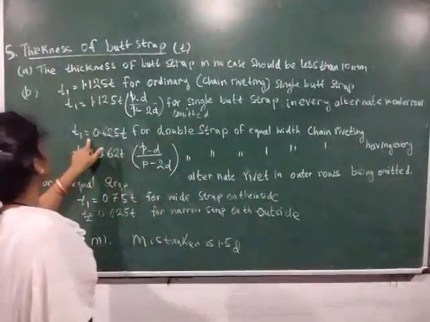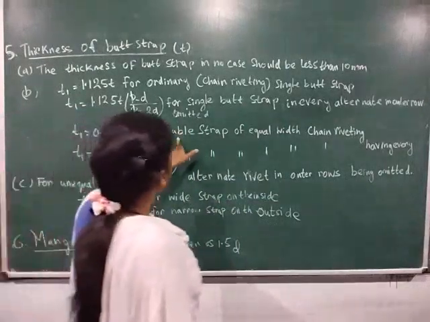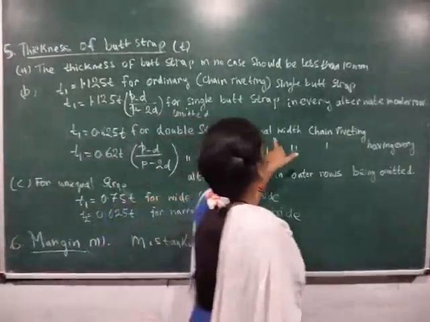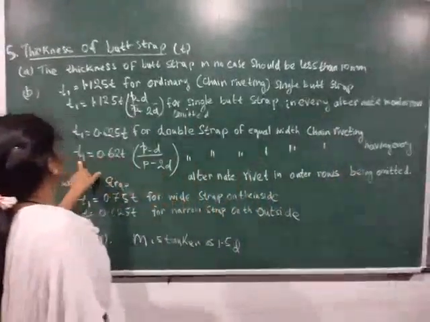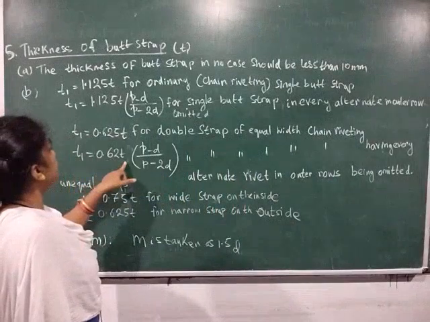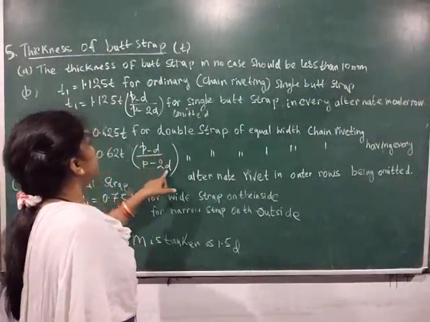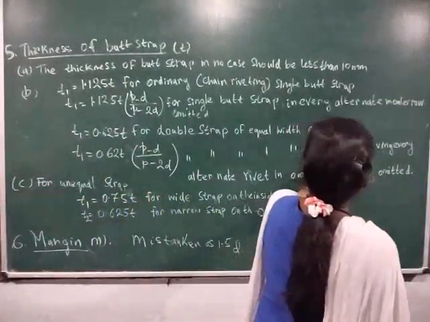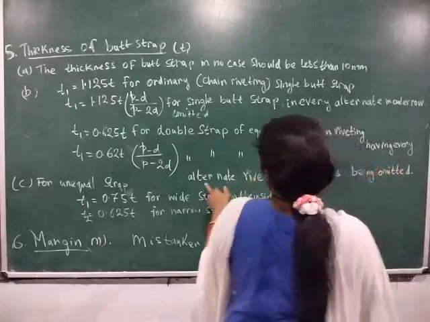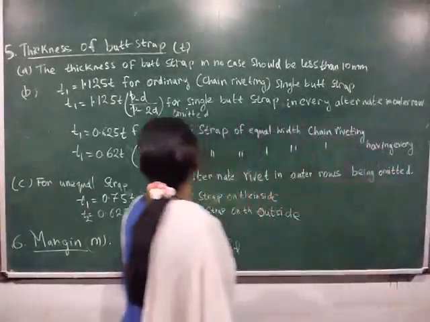Next, T1 is equal to 0.625 T for double strap of equal width chain riveting, and T1 is equal to 0.625 T into (P minus D) divided by (P minus 2D) for double strap of equal width chain riveting having every alternate rivet in the outer row being omitted.